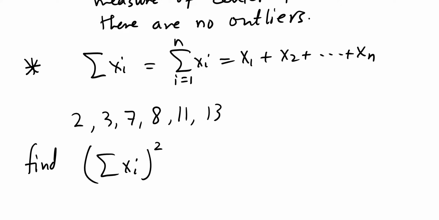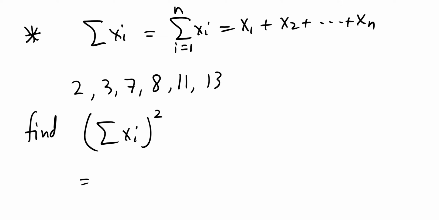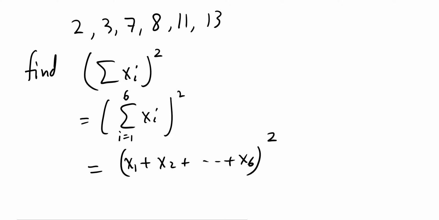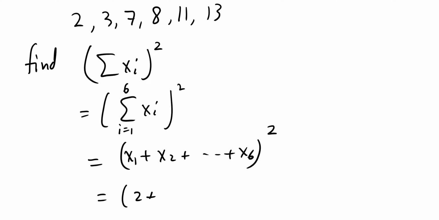So how do you do this? Well, we have 6 of them. So this is the sum of xi, i goes from 1 to 6, squared. So this is x1 plus x2 up to x6, all squared. So you add these numbers up: 2 plus 3 plus 7 plus 8 plus 11 plus 13, all squared.